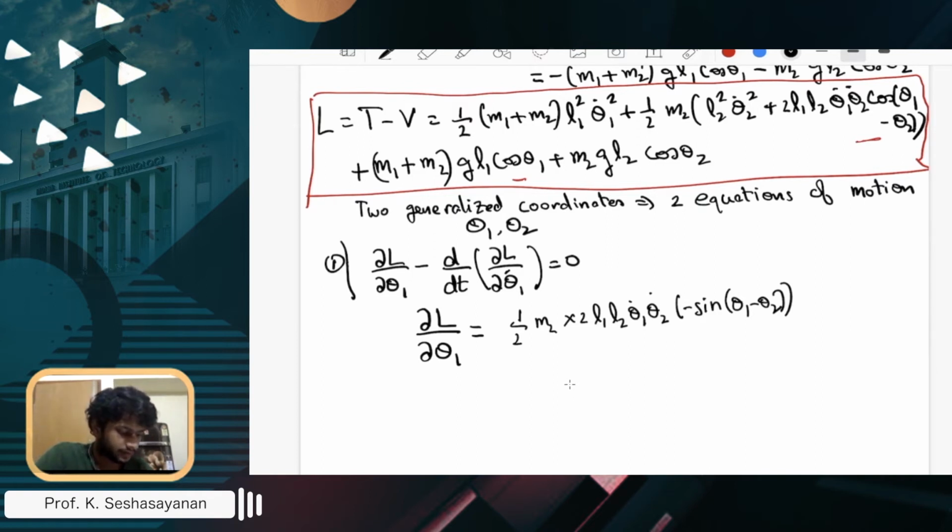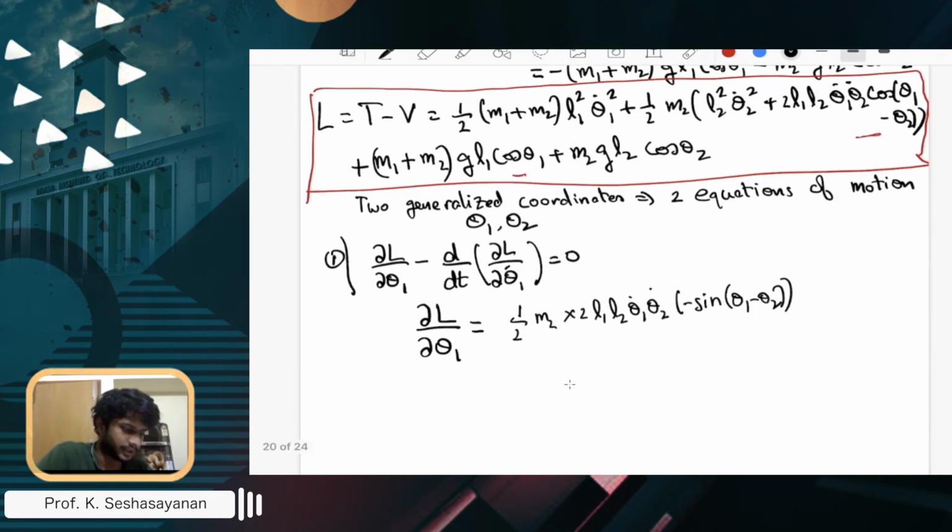So you get minus sine of theta 1 minus theta 2. So this from this term, and the other term which gives us minus m1 plus m2 g l1 sine theta 1. So this is just differentiating cos theta 1 with respect to theta 1.